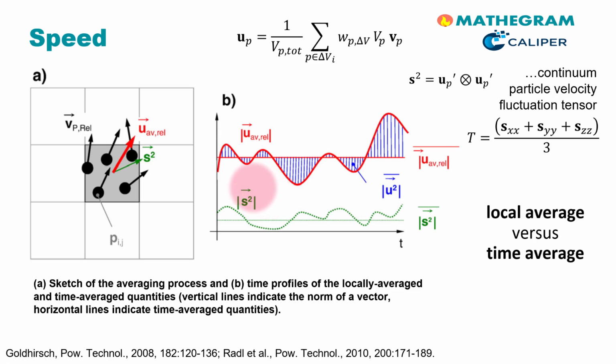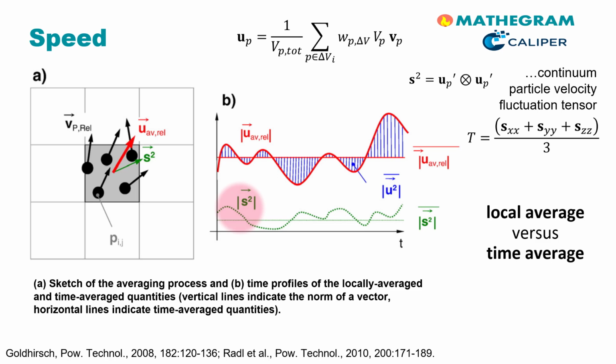Here we show the time evolution of the average particle speed in red and that of the velocity fluctuation tensor in green. As you can see, we can also average over time, making transparent different dimensions of averaging, in space or in time.